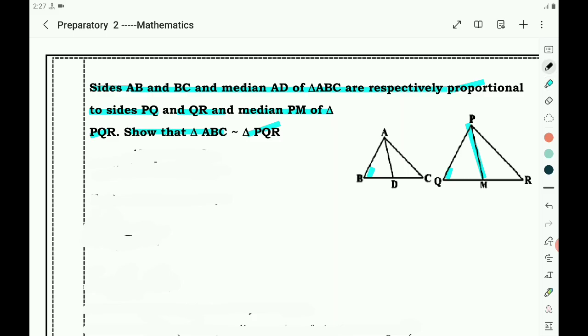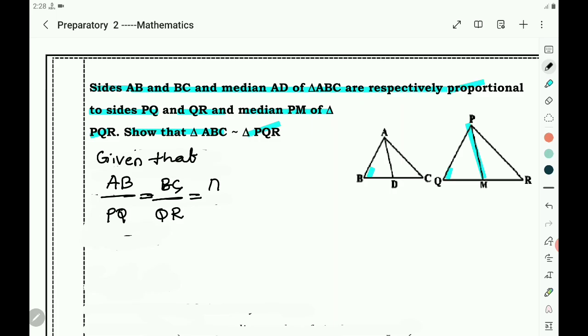Now let us take, given that AB by PQ equals BC by QR equals AD by PM.